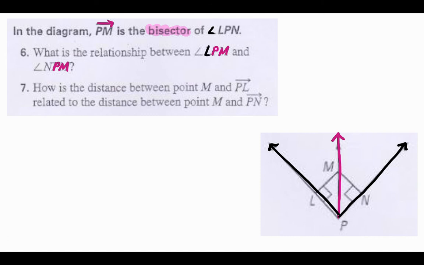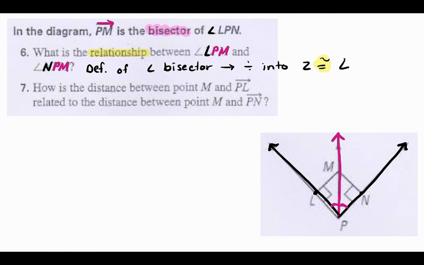And then one of them has L, which is the left side of our angle, and the other one has N, which is on the right side of our angle. So this is going to use the definition of angle bisector, which lets us know that we divide into two congruent angles. So those angles are congruent to each other.